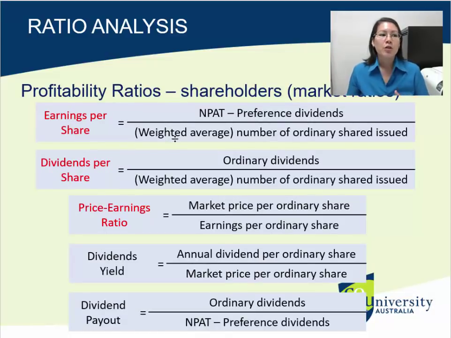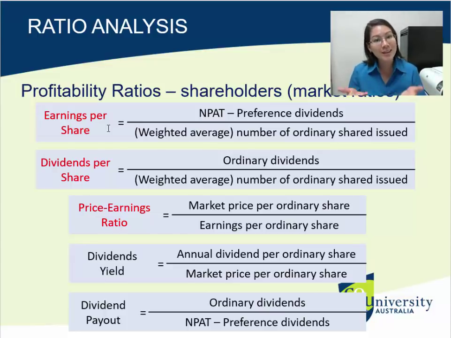Okay, continuing on with profitability ratios. These profitability ratios are more to do with shareholder returns, so we call them market ratios. So earnings per share. Now, companies actually calculate this for you, but we don't want you to use the company's calculated one because they tend to round their number of shares. They show you their calculation anyway.